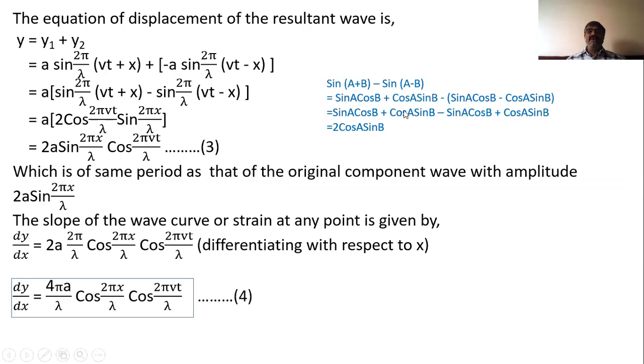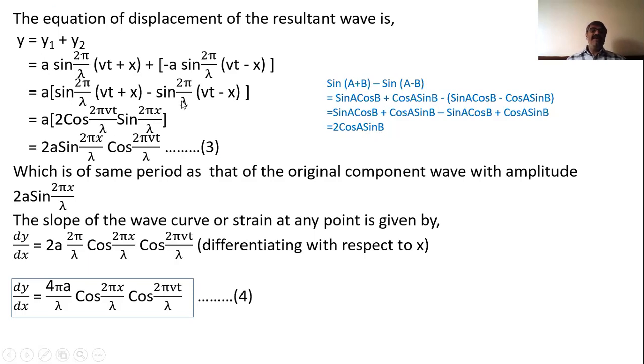Sine(A plus B) means sine A cos B plus cos A sine B, and sine(A minus B) is sine A cos B minus cos A sine B. Since the common factor sine A cos B cancels out, the resultant is 2 cos A sine B.